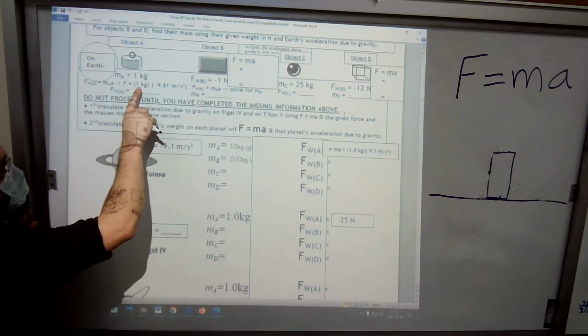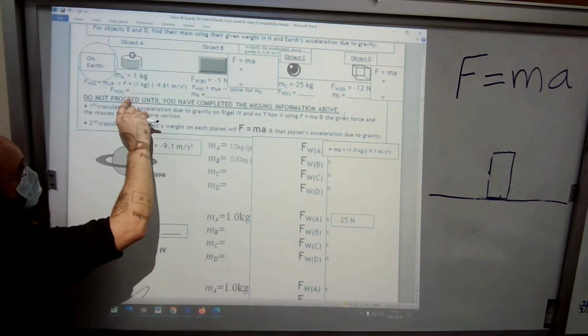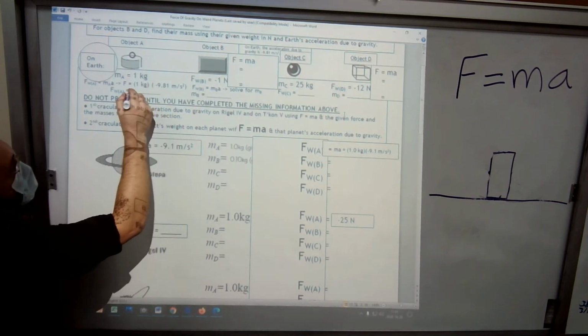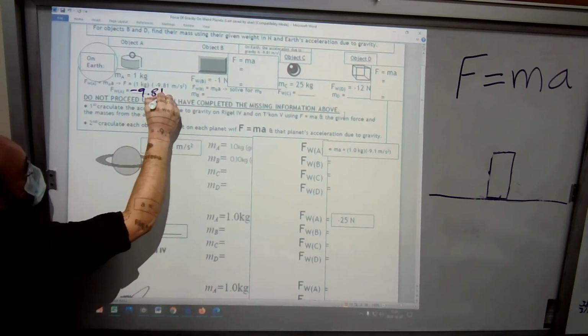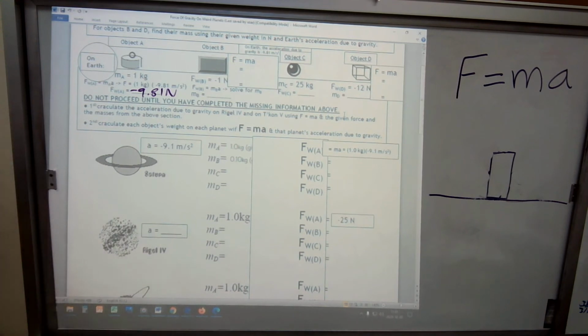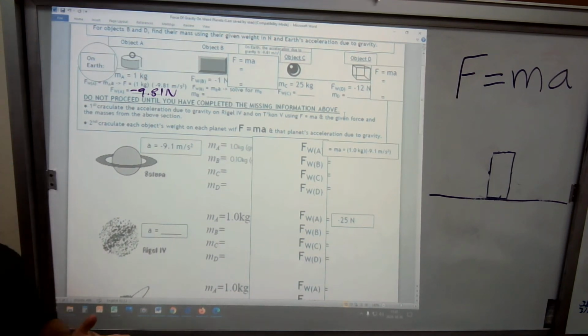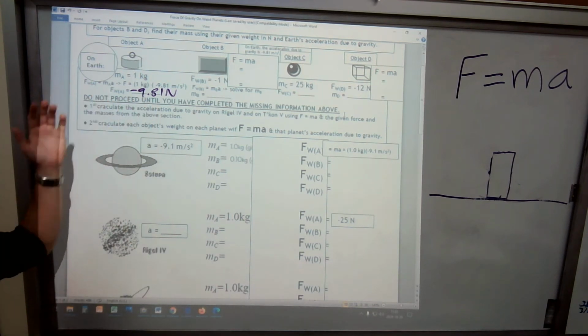To find the weight, I find the force. Weight is the force. 1 times negative 9.81 makes negative 9.81 newtons. And that's the weight of object A. It's always down, because that's the way weight goes. As long as you use negative 9.81, you'll be fine. All your weights will always be down because you used the negative number to calculate it.